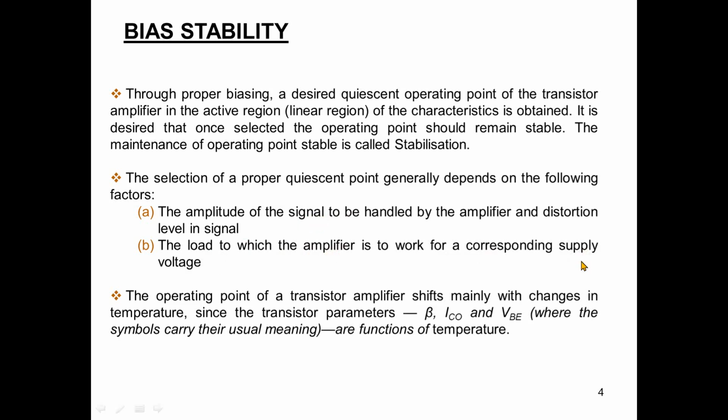These are the two important factors which have to be considered. The operating point of a transistor amplifier shifts mainly with changes in temperature, since the transistor parameters, that is three values, beta, ICO and VBE, where the symbols carry their usual meaning, are all functions of temperature.